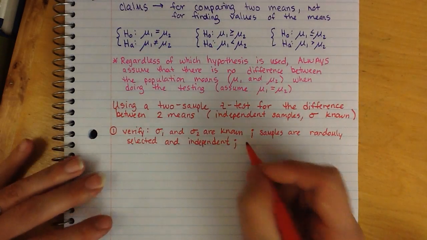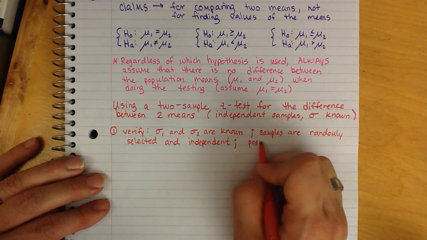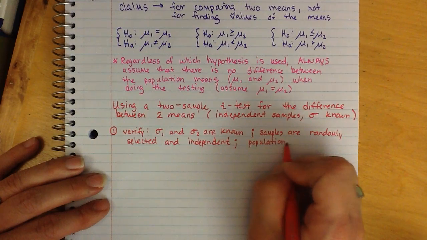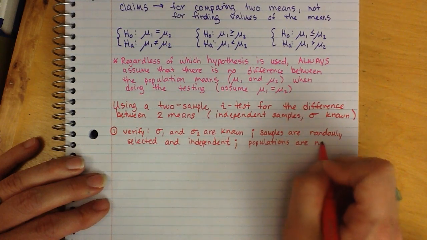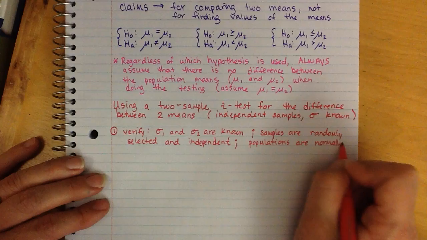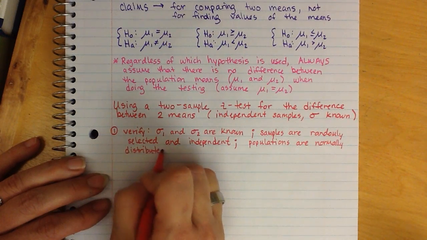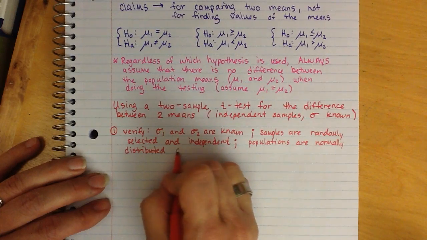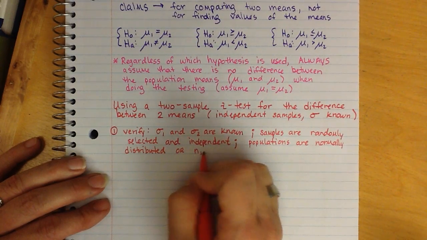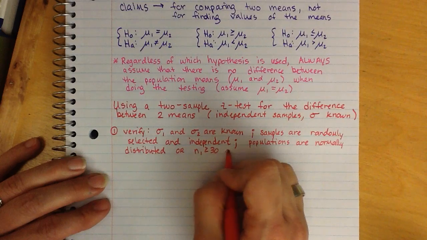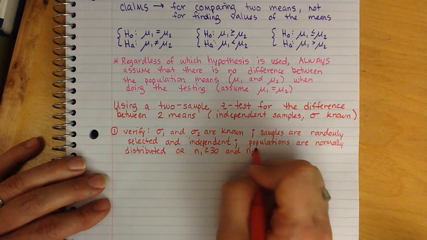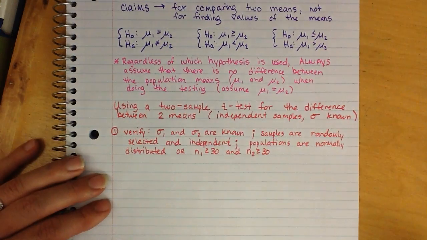And then we need to know either that populations are normally distributed or the sample size is bigger than the magic number of 30. So N1 is greater than or equal to 30 and N2 is greater than or equal to 30.